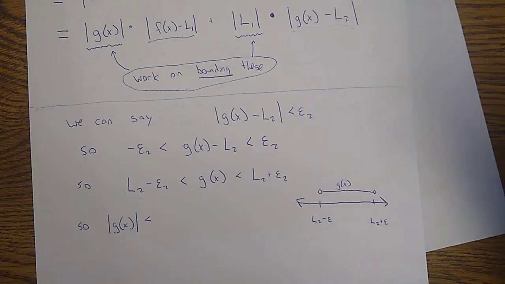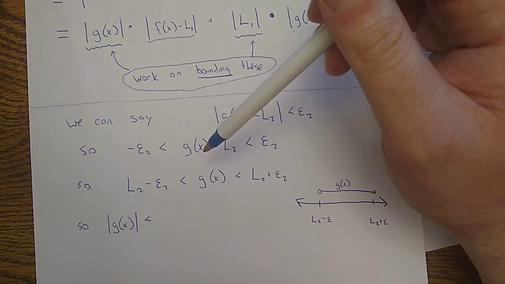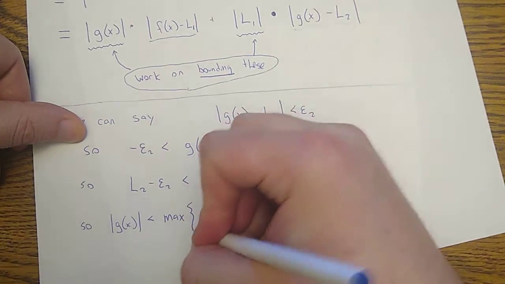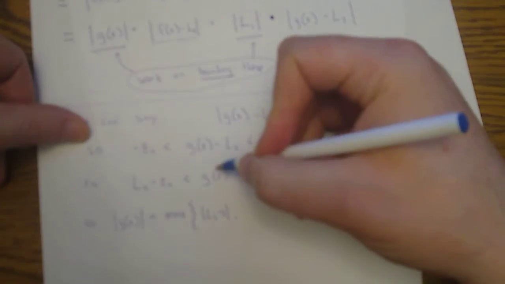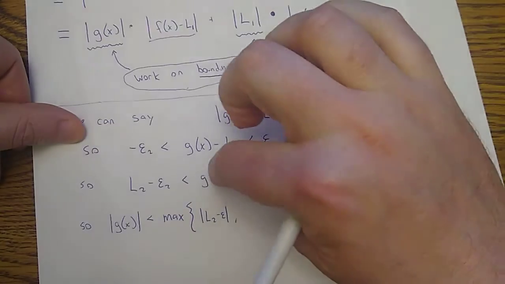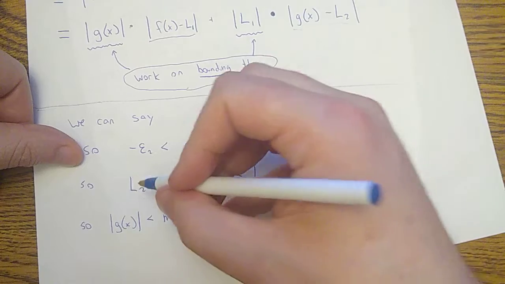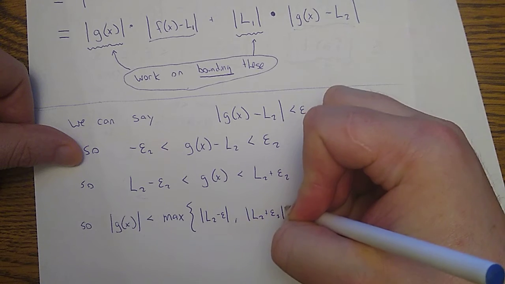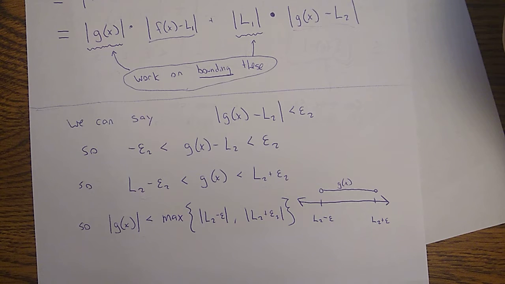And I really don't know which one is bigger because L2 might be a negative number. So what am I saying? Since g of x is between these two numbers, the absolute value of g of x is at most the maximum of these absolute values. Okay, but let me say something better than that.